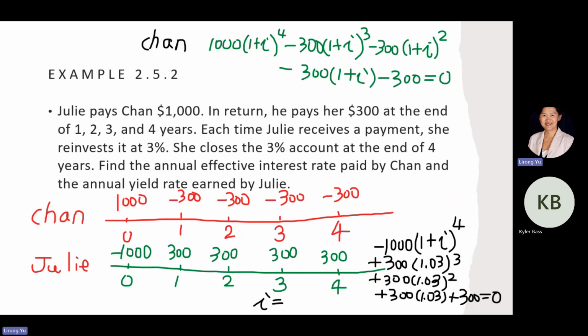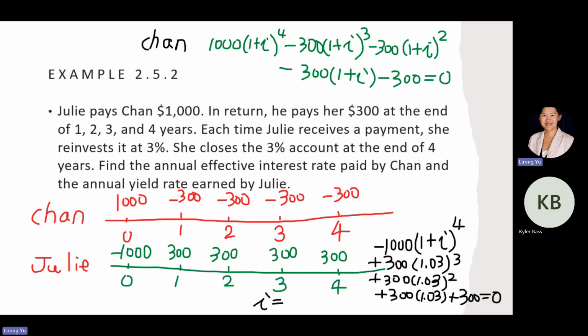The present 1,000 will always be more urgent and more useful. Every time Julie received a payment, she reinvested it at 3%. So she decided not to let the money sit there and instead reinvest it. That will guarantee the rate of return for those cash flows. And find the annual effective interest rate for both of them.